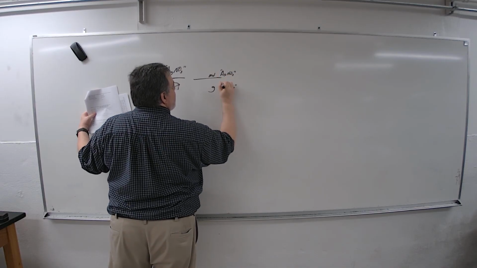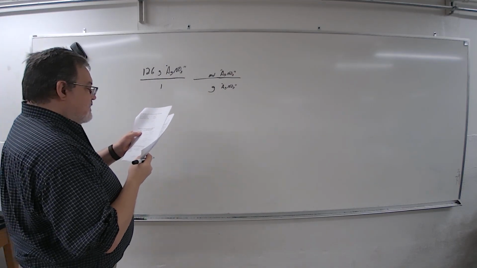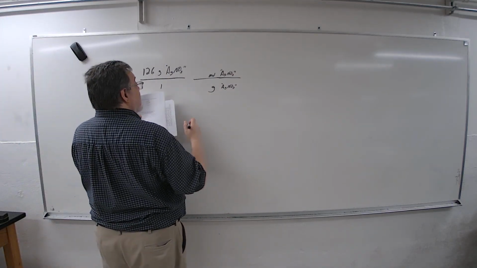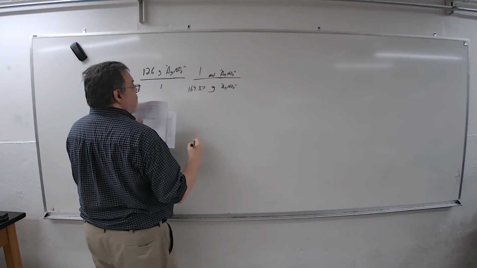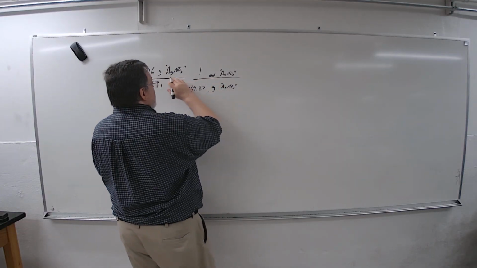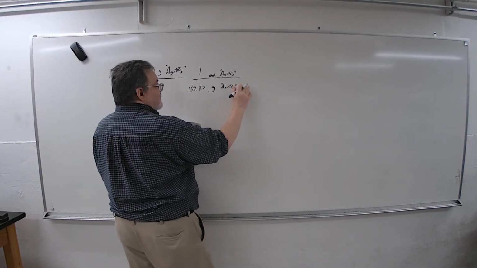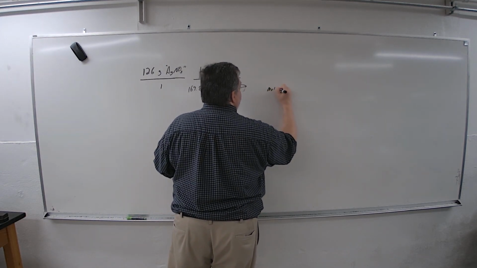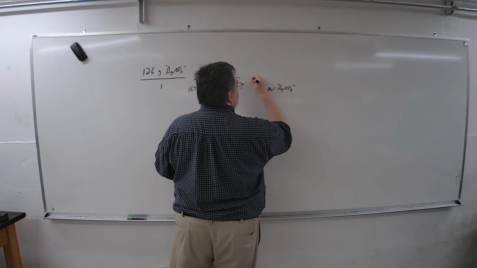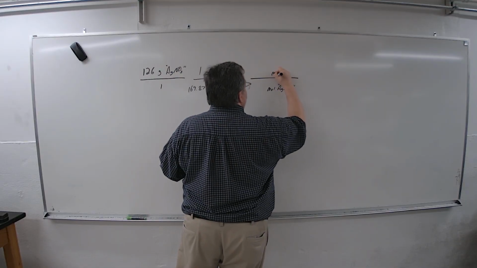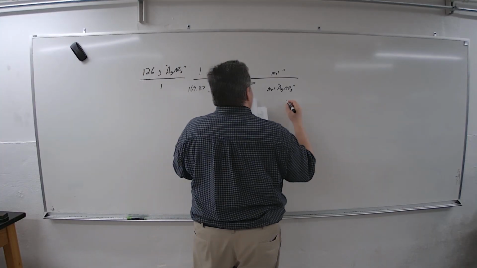We're going to need grams per mole for AgNO3, and I gave it to you so you didn't have to calculate it. AgNO3 is 169.87 grams to 1 mole. So grams of AgNO3, grams of AgNO3, those cancel. Moles of AgNO3 has to cancel next.